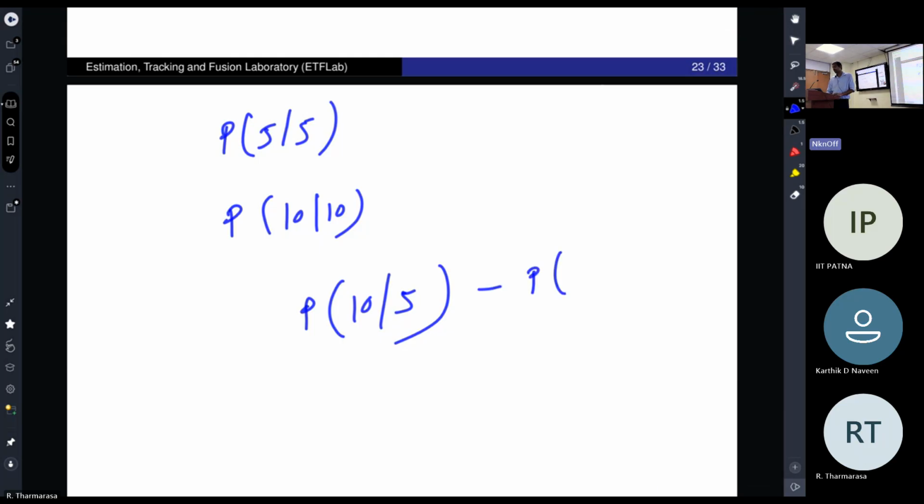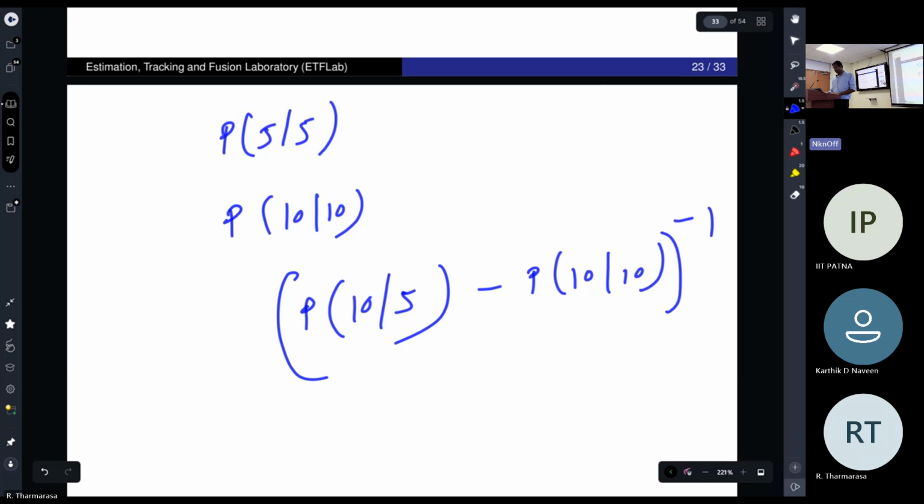If you find P 10 by 10, can we invert this? Can we invert this all the time, or will there be a problem? We can't do that under certain conditions. Usually, which one is larger, this or that? This is larger. This is predicted and that's the update, right? So this covariance is always larger than that. That's fine. But it may not be invertible.